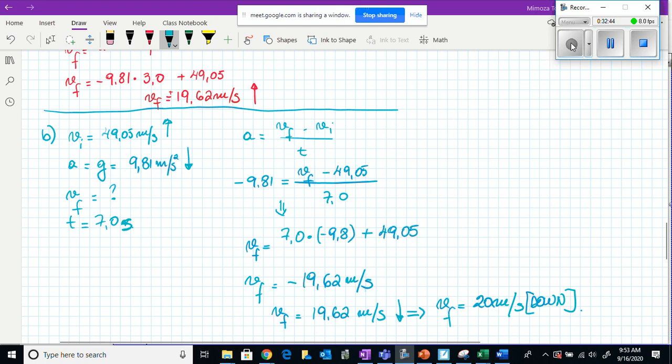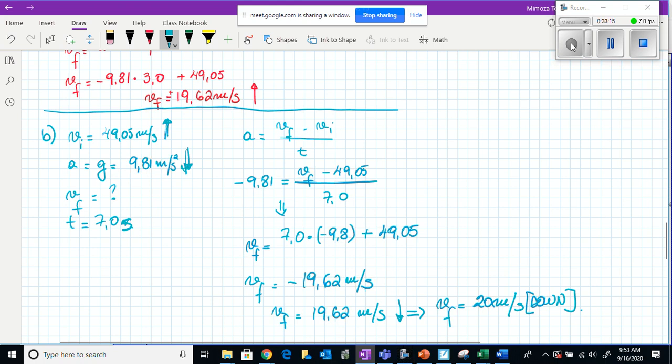So we will use the acceleration formula, and then we will substitute. What I did differently from the previous question is substitute it here to show you that it should give you the same answer. So whatever way you are using, it should give you the same answer. Now, as we said, the initial velocity is going up and the acceleration is going down.